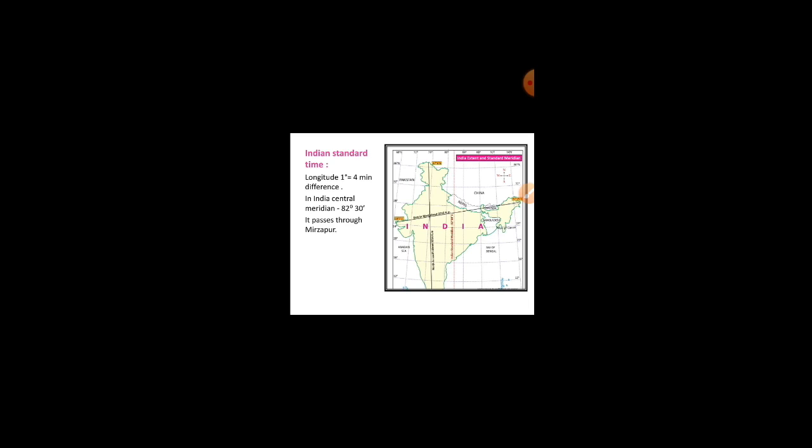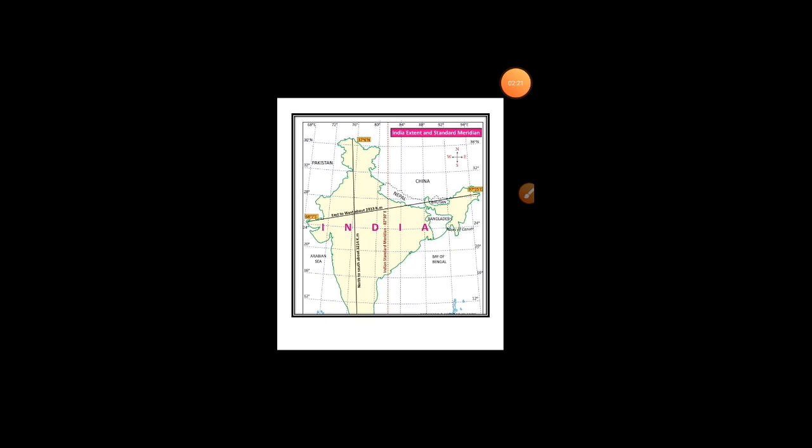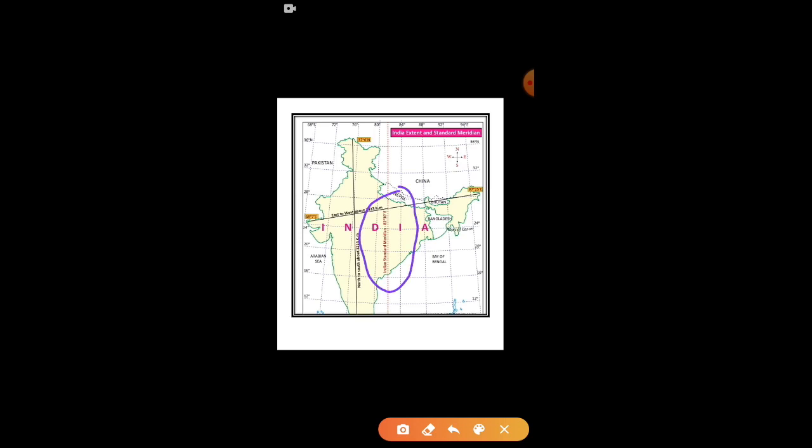It passes through Mirzapur. Based on this longitude, our Indian Standard Time is 5.30 hours ahead of Greenwich Meridian time.